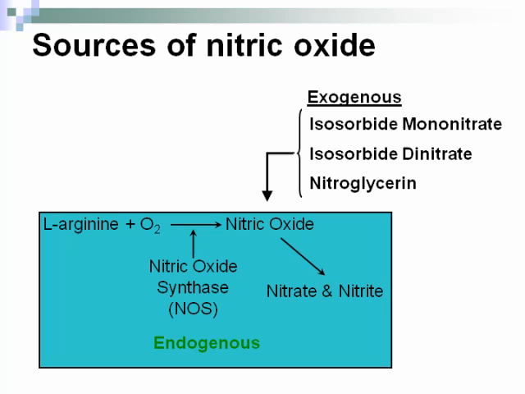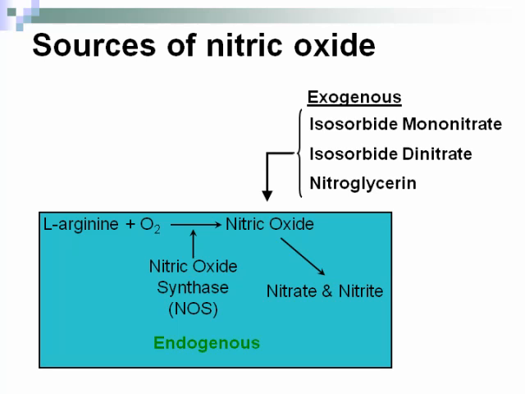Nitric oxide is an ubiquitous molecule, and it has endogenous sources. Most commonly, it's made by the combination of L-arginine with oxygen, and in the presence of nitric oxide synthase, you get nitric oxide. That's very quickly broken down into nitrate and nitrite.